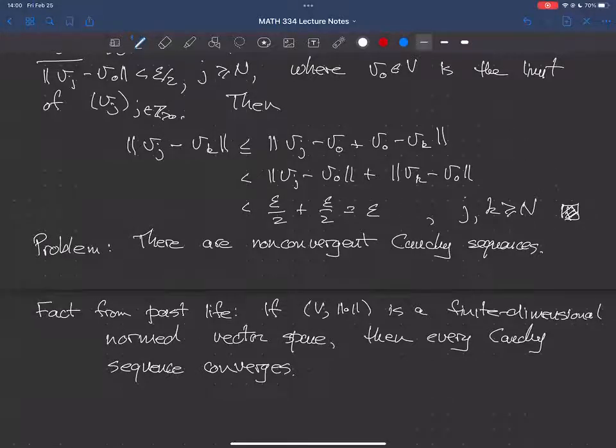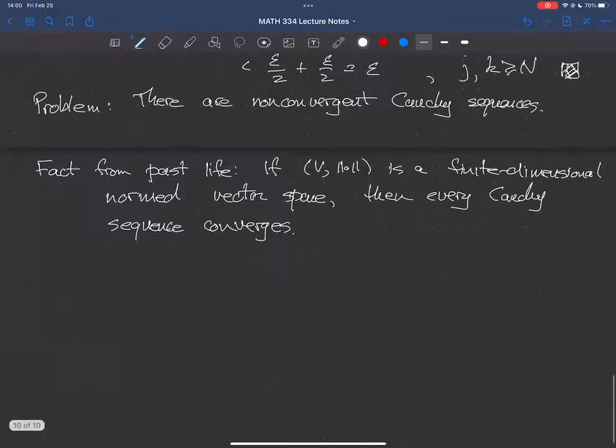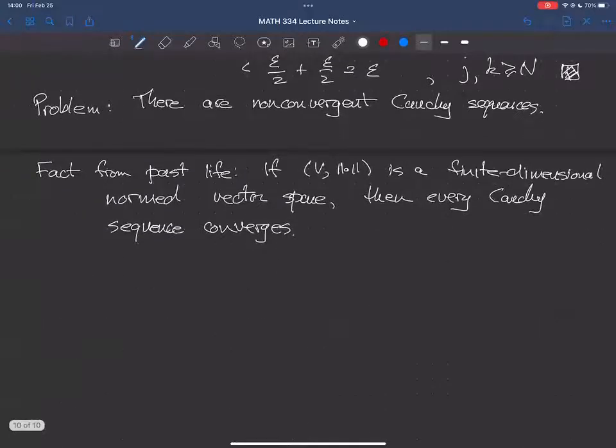All right, so let us, therefore, do exactly that. Let us give an example of a non-convergent Cauchy sequence in a suitable infinite dimensional normed vector space.